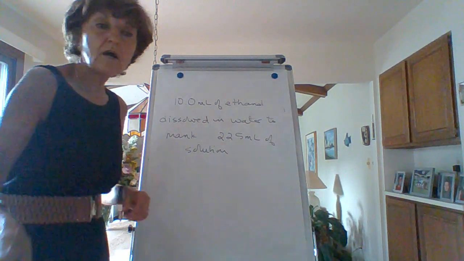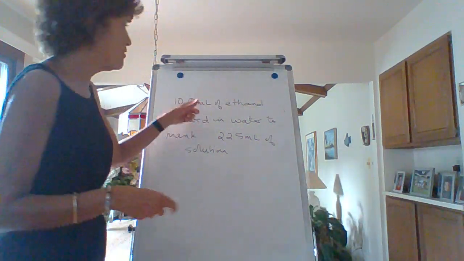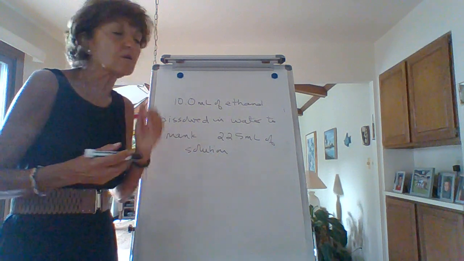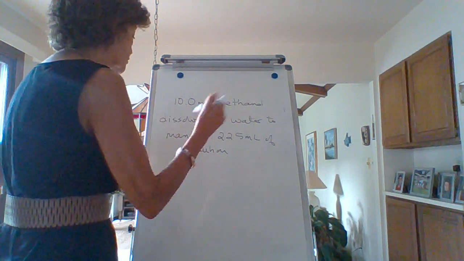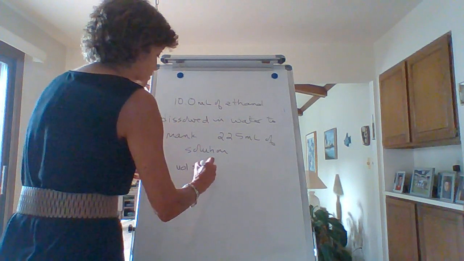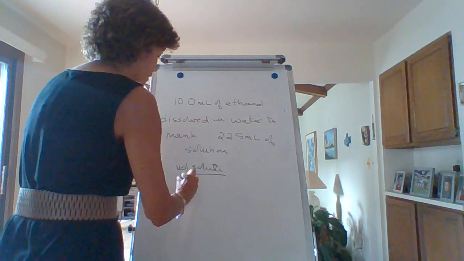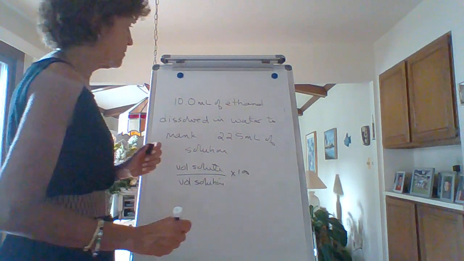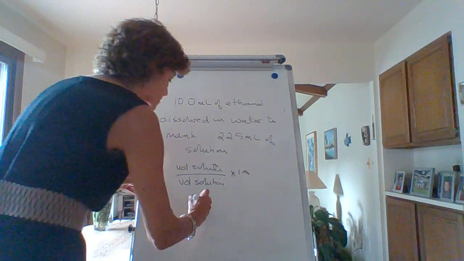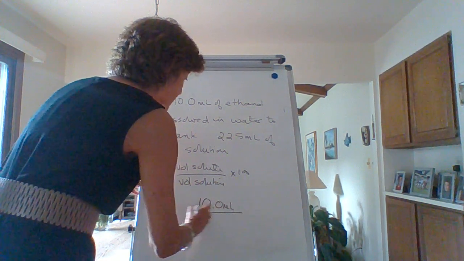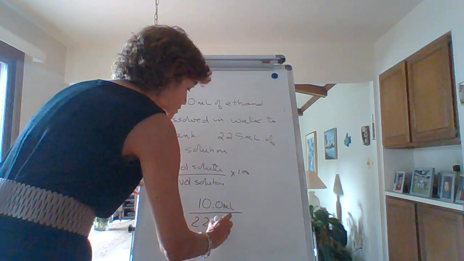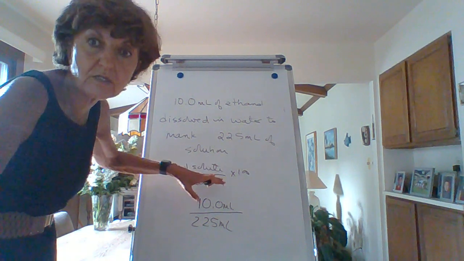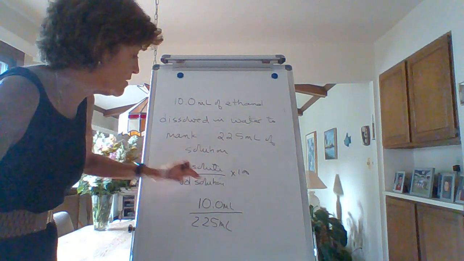They just said, all right, I've got 10 mils of ethanol, which is the solute, and it's dissolved in enough water, and I have 225 mil solution. So percent by volume would be the volume of the solute divided by the volume of the whole solution times 100. So you put your 10 mils divided by 225 mils. Notice I did not add them together. Why didn't I? Because the 225 is the solution. It's not the solvent.